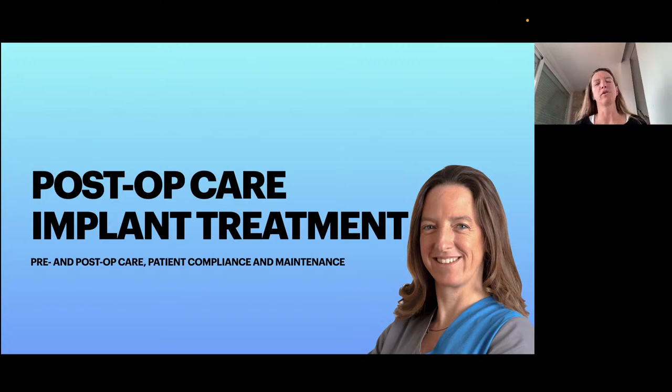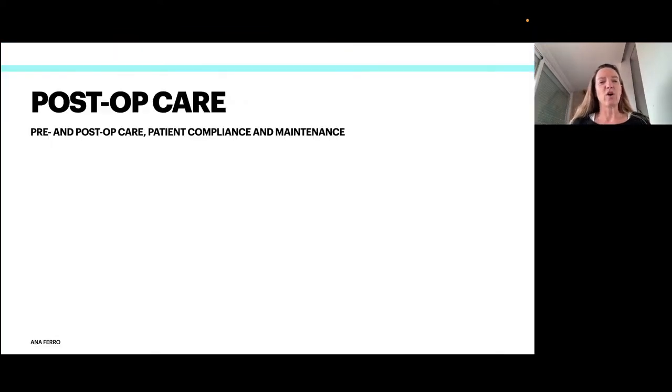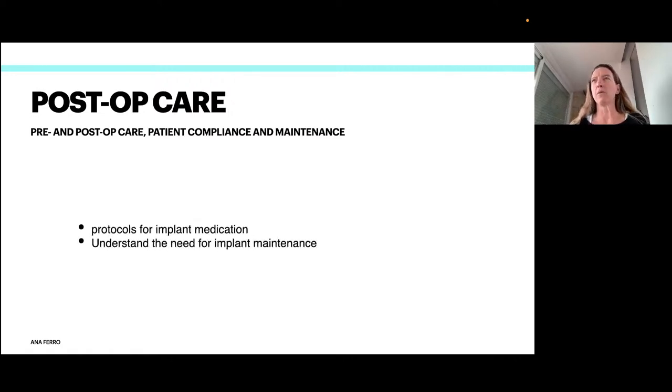And usually I say to the patients, on the day of the surgery is when everything starts. So today we are going to talk a little bit about the pre and post-op care, patient compliance and maintenance. So we know that it's important, and many people ask me, what kind of medication do you give to your patient? So I'm going to go through that also, to understand the need for implant maintenance and also these protocols of compliance.